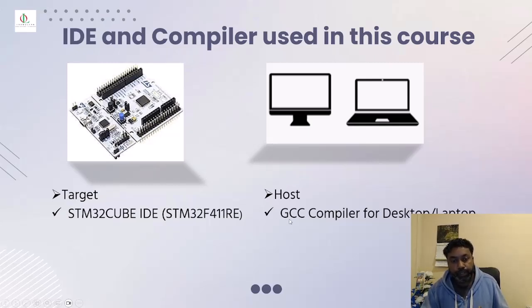So for the IDE to run and generate the output, you need the GCC compiler for desktop and laptop. These two are the ones you need to get your IDE installed and get going.